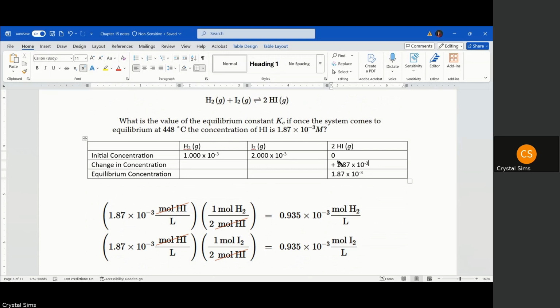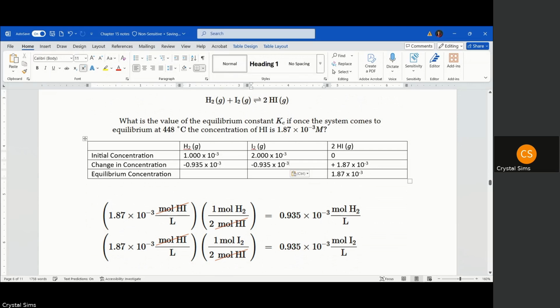I put a positive here to indicate that I have more, since I'm producing the product. So each one of my changes for the reactants is going to have to be negative: negative 0.935 times 10 to the negative 3. And they're both the same, so I'm just going to copy this one over here.